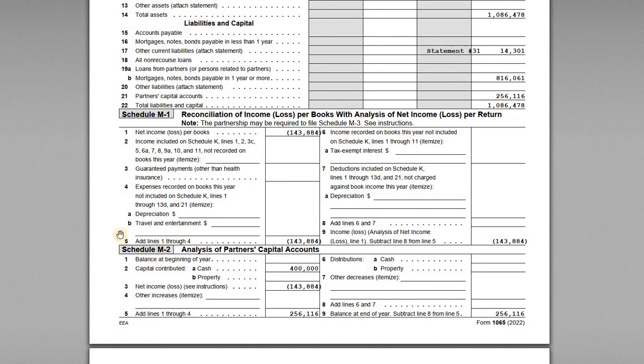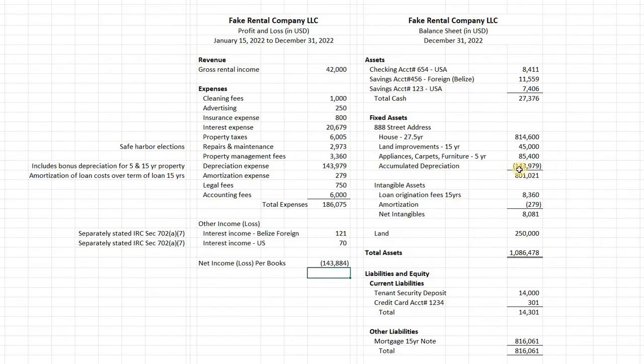Now, what you might commonly see is if you have a rental property kind of entity and you're not using the tax depreciation that matches books to your tax return. So in other words, their book financial statements are just using the depreciation expense they would have for tax purposes to try to make things easier.